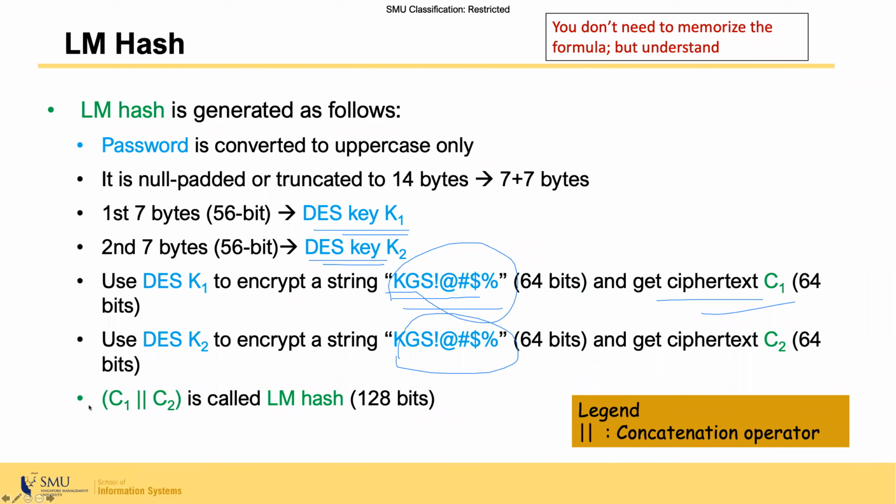Finally, it concatenates ciphertext C1 and ciphertext C2, and the resulting hash value is called the LM hash, which has a total of 128 bits. 64 plus 64 is 128 bits. And that is called the LM hash scheme. Again, you don't need to memorize these steps, but when you see such steps, you need to understand how things work.